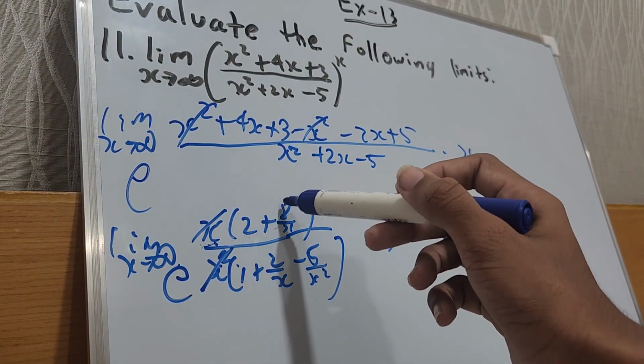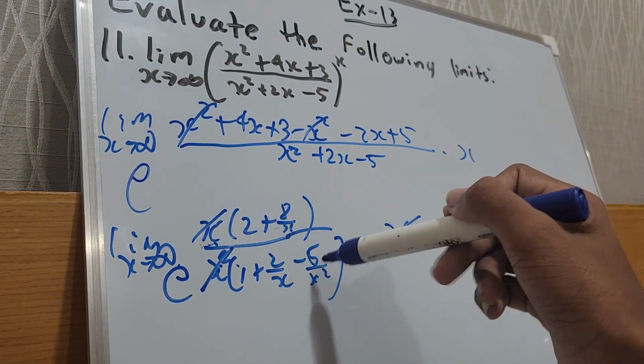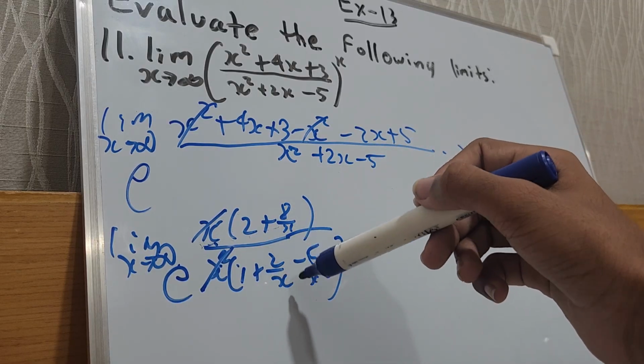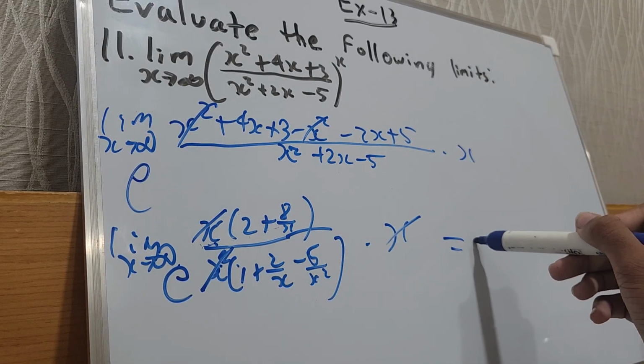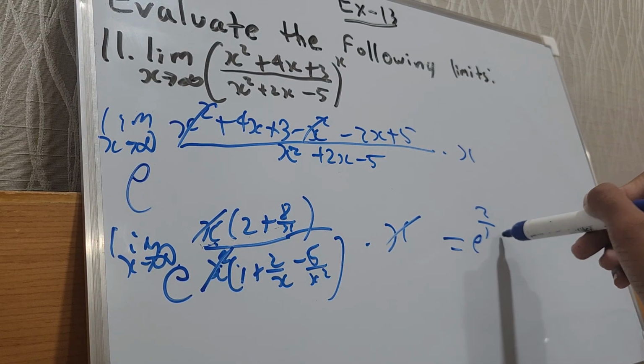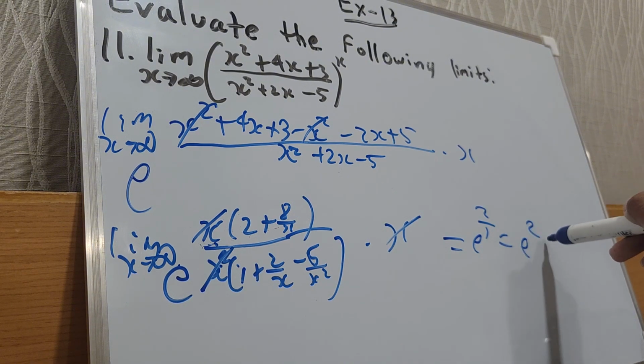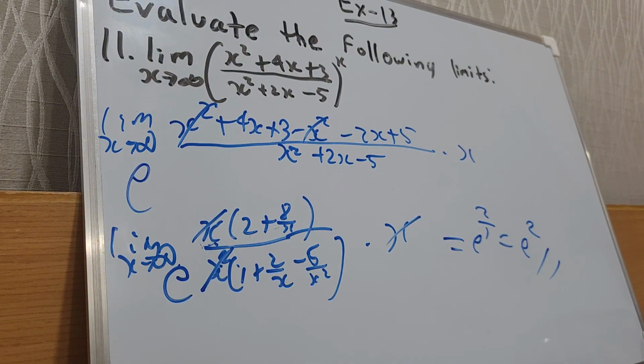So here 8 by infinity is 0, 5 by infinity is 0, 2 by infinity is 0, so 2 by 1. e power 2 by 1 is equal to e square. That's it, that's the answer. These 10th and 11th questions are actually like the same model. Now let's move on to the 12th question.